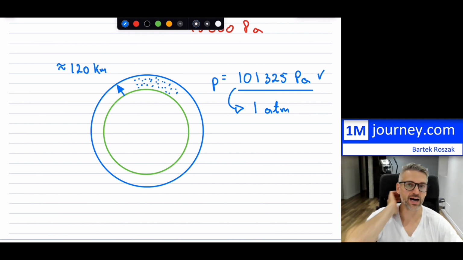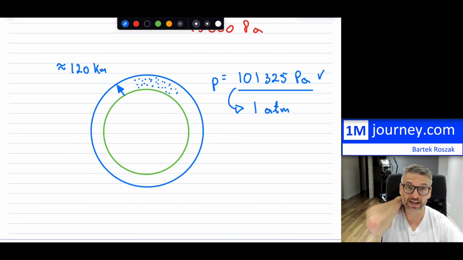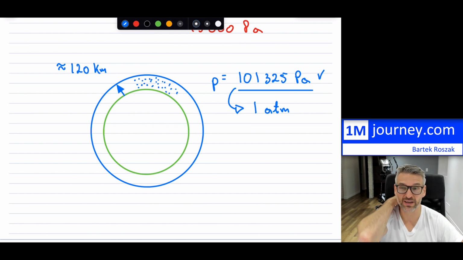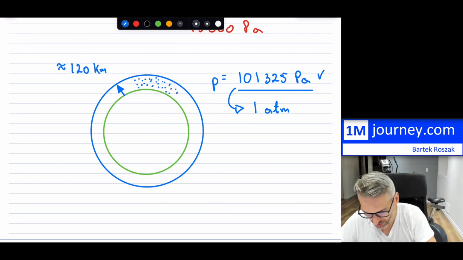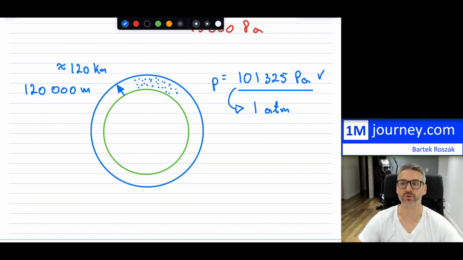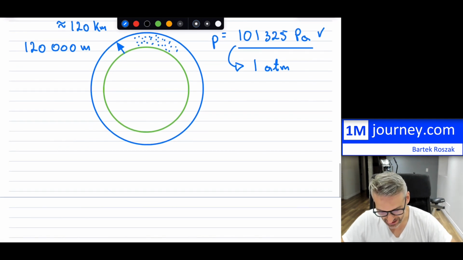You can look this up. Sometimes people say 100, sometimes a little bit more, but let's say it's 120 kilometers. So in meters, this would be 120,000, of course, because you can convert the prefix back. If we know that, then we can find out what the density is.